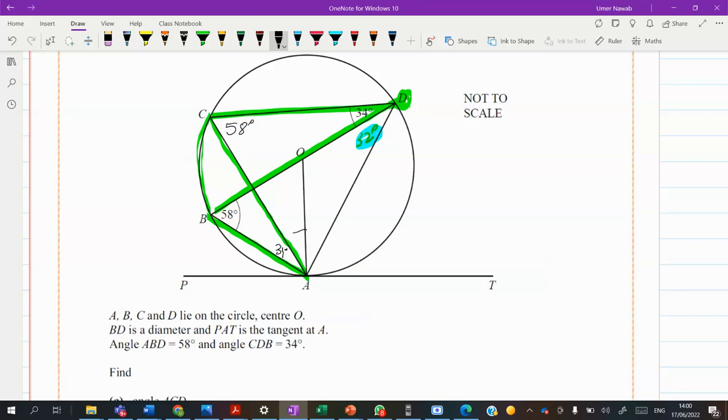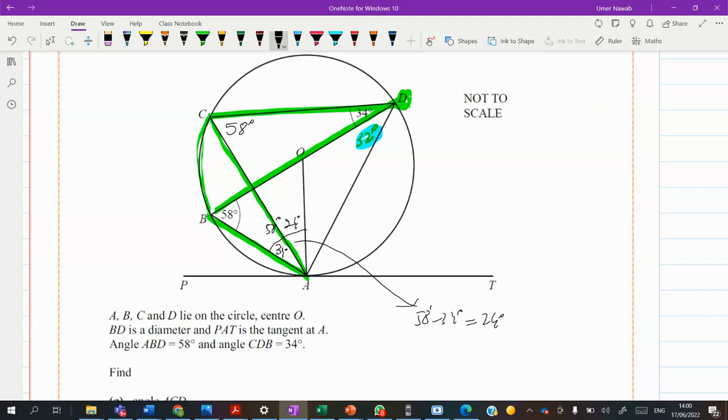And the total is 58. So from 58 you subtract 34, it gives you 24. So we got 24. That's all.